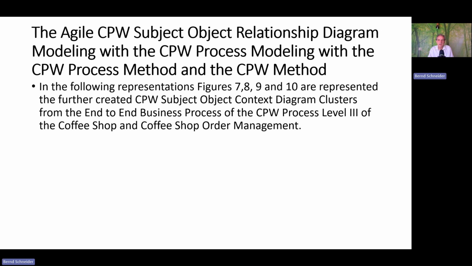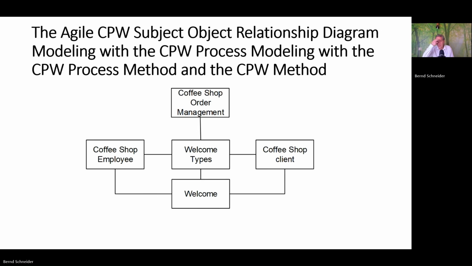In the following representation, figures 7, 8, 9, and 10 show the further created CPW subject object context diagram clusters from the end-to-end business process of the CPW process level 3 of the coffee shop and coffee shop order management. We have here above in the middle the overall end-to-end process, which is represented with a CPW object, coffee shop order management.